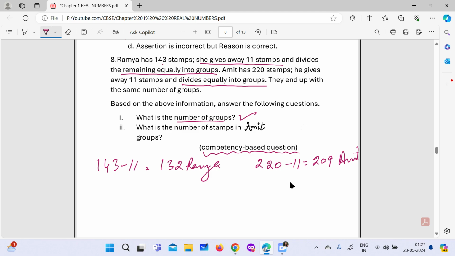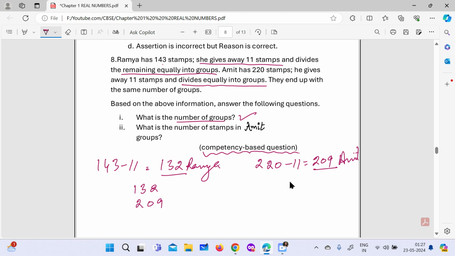So you can find the HCF of the number of stamps left. So it is 132 and 209. You need to find the HCF of 132 and 209.